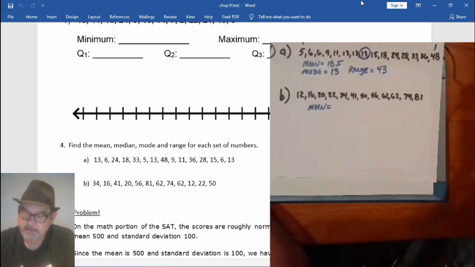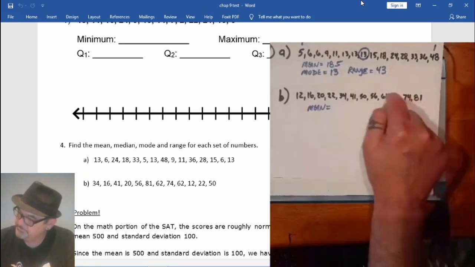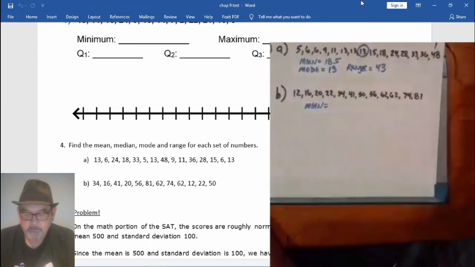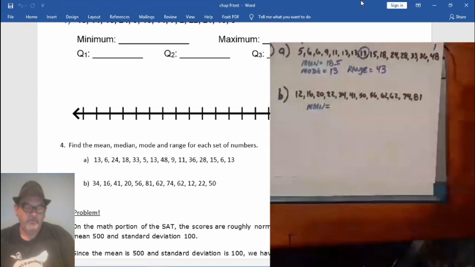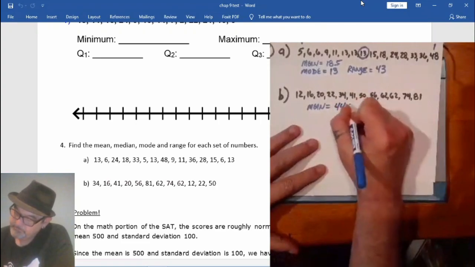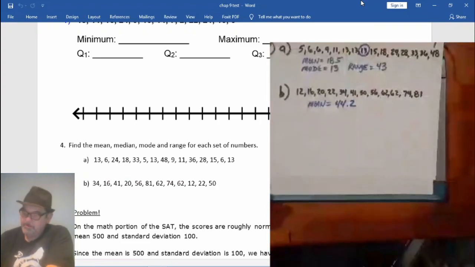And we divide by how many numbers? 1, 2, 3, 4, 5, 6, 7, 8, 9, 10, 11, 12. 44.16. So let's just call it 44.2. We'll just round it to 1 decimal point.